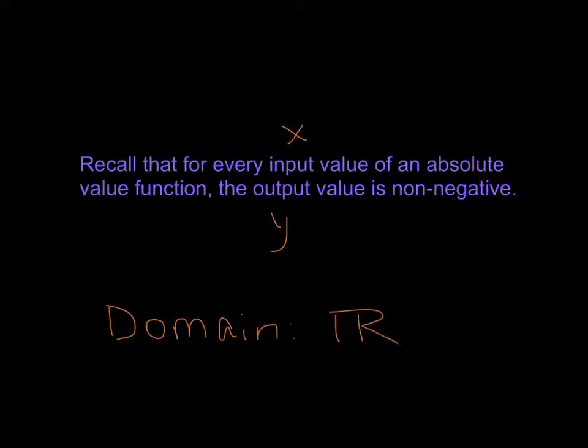You can put negatives and positives in an absolute value equation. However, what comes out of an absolute value equation are only positive numbers. So y is greater than or equal to 0. So anything can go in, but only non-negative values can come out.